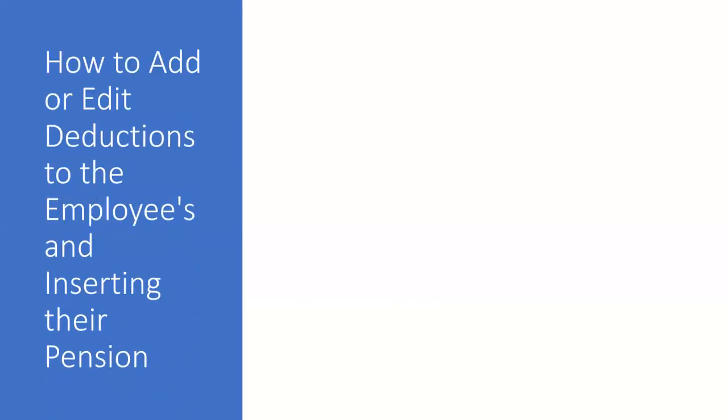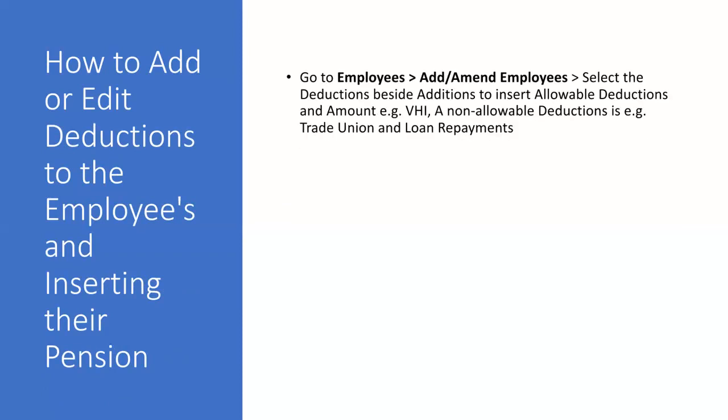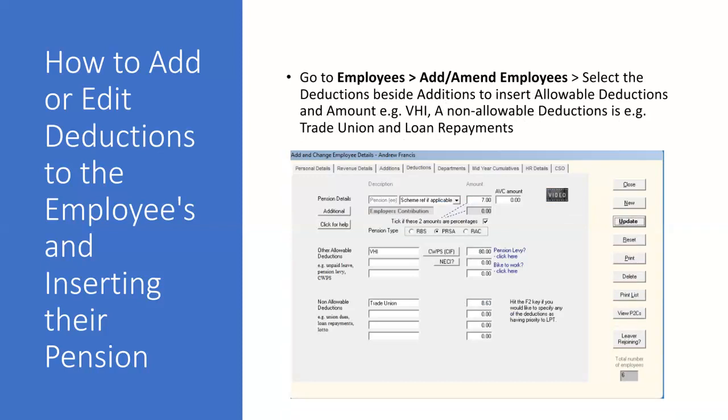The next slide moves on to the deductions and inserting the employee's pension. Go to employees and amend employees, select the deductions tab beside additions to insert allowable deductions and amounts, for example VHI. Non-allowable deductions are, for example, trade union and loan repayments.